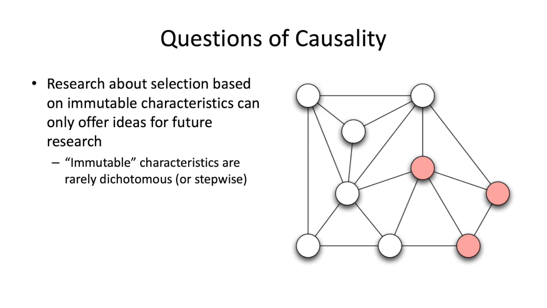The problem is the rationale for why it happened is actually the theory, and that's the theory I should be testing. Just because I found that males and females behave differently, it doesn't explain the behavioral choices that happened in the network. So an immutable characteristic like that is almost, in a way, useless.